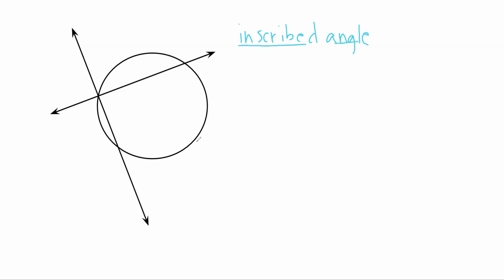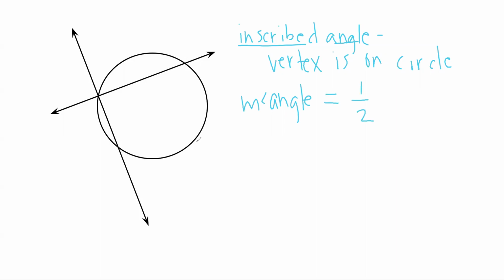All right, so remember that the vertex is on the circle, and the measure of the angle is half the measure of the arc.